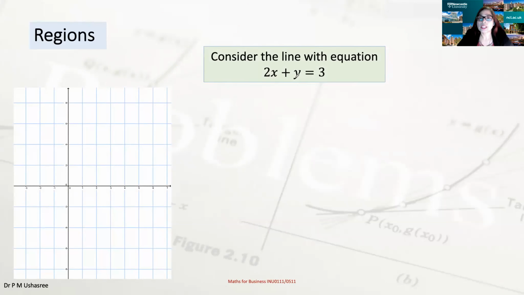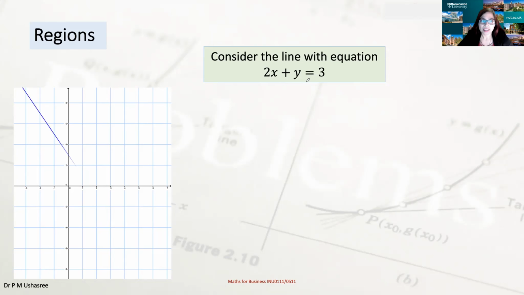Consider this line 2x plus y is equal to 3. Let's first understand what the inequality region is. To understand that, let's first draw this line. You know how to draw a straight line. I would usually write y is equal to mx plus c, then find the y-intercept, then the x-intercept, and then another point, and draw the straight line.